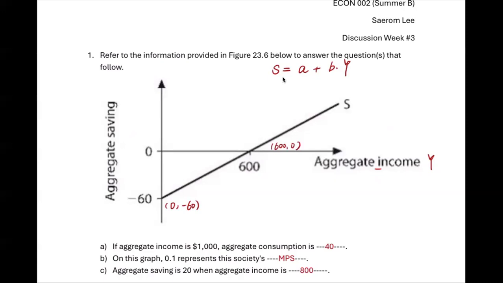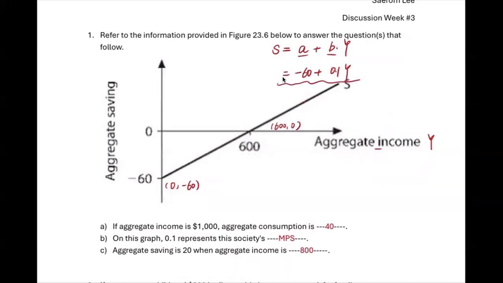After substituting these 2 points, you can get a and b, because a and b are just constants, okay? Then you can get the form of this function is S equals -60 plus 0.1 times y. After getting this equation, then you can look at the following question, okay?